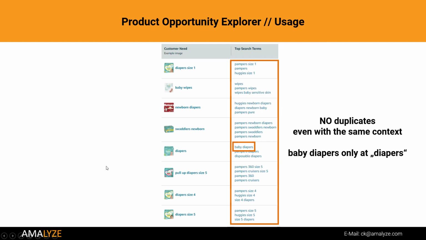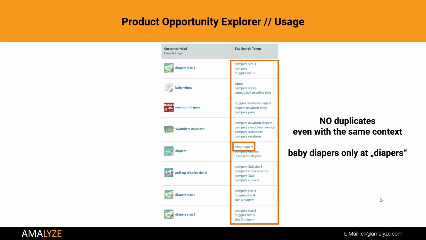On the other side, there is another problem we have figured out. You're entering, for example, diapers. And you're seeing a lot of examples, diapers itself, it's in the middle here, and newborn diapers in the different sizes, everything is fine. But we have also looked up in the search term overview with all the other 20 search terms, there are no duplicates shown.